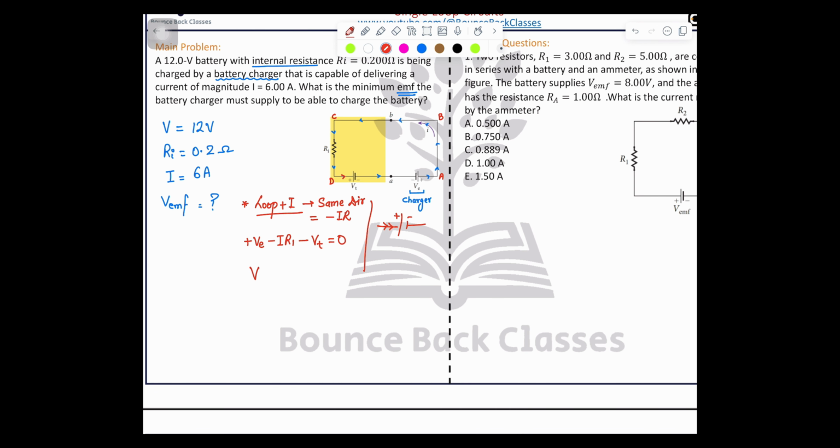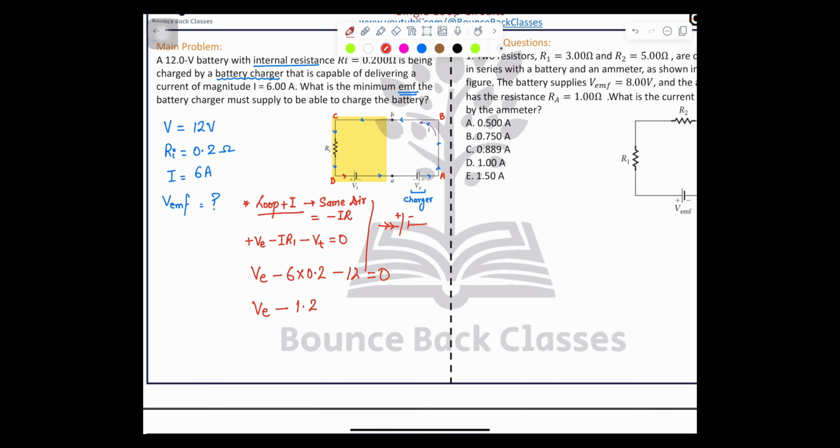Okay, now solve this, place the values. We are looking for VE minus I is 6, resistance is 0.2, minus what is VT, 12, equals 0. VE minus 6 multiplied by 0.2, that is 1.2, minus 12 equals 0.